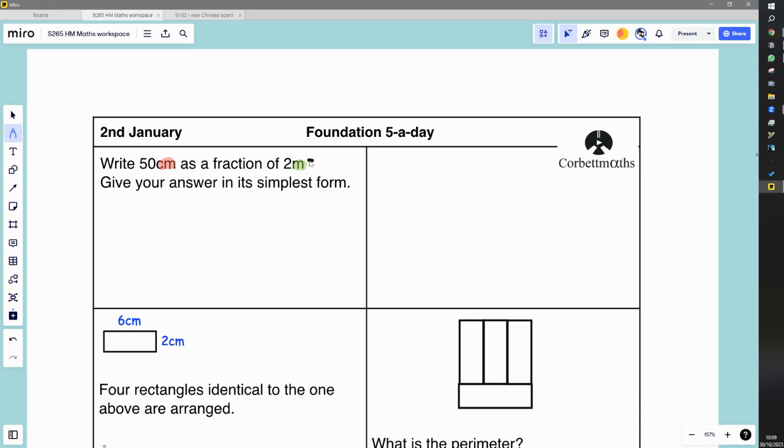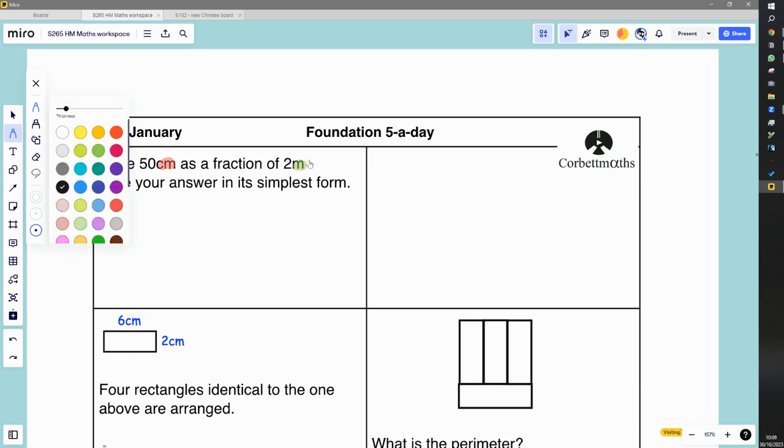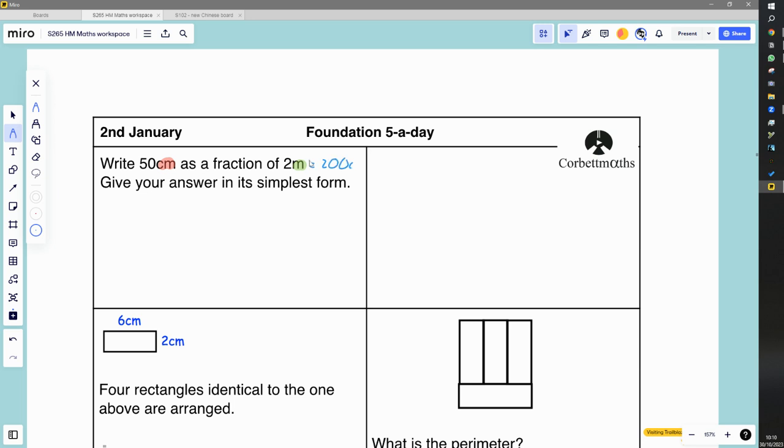But if we say, let's make my pen really thin. Actually, I'll make it a different color as well. So that's 200 centimeters. Remember, 1 meter is equal to 100 centimeters, so 2 meters would be 200 centimeters.